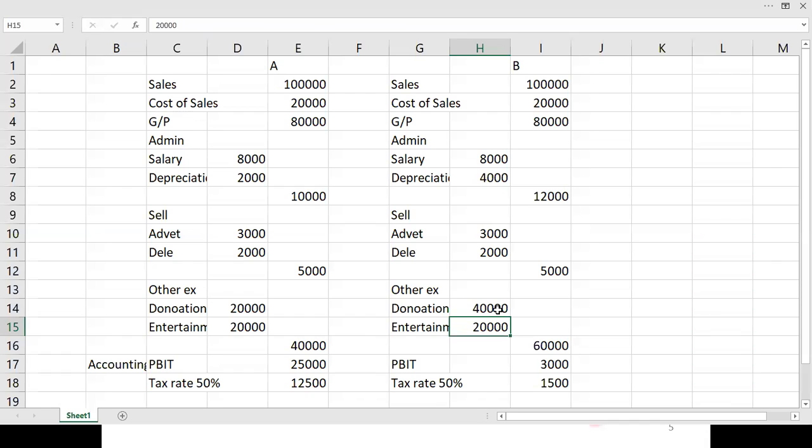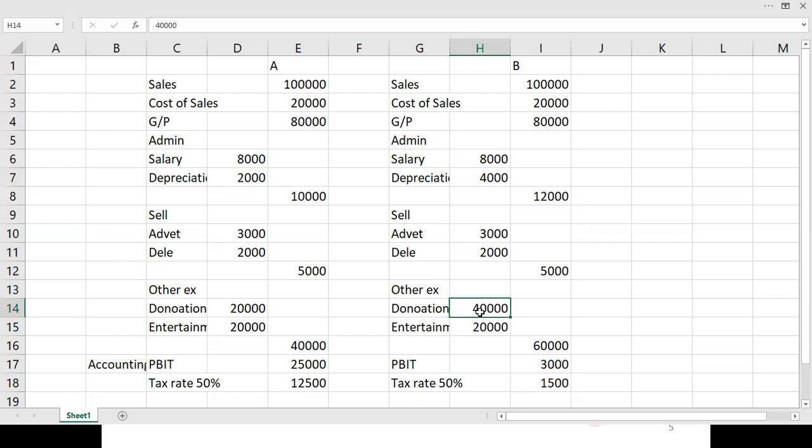Then how much tax? 1,500. All operations are equal, but the difference arises due to what? Here they charge 2,000, company B charges 4,000. So due to the differences in the accounting depreciation policy, the value of depreciation differs. Company B tries to increase the depreciation as a cost. Therefore, the company pays less tax.